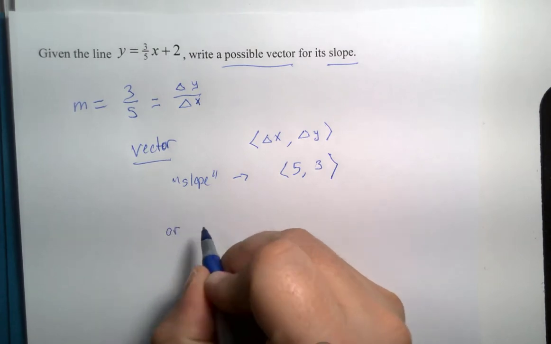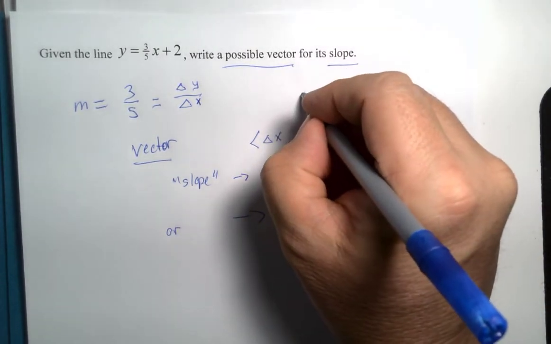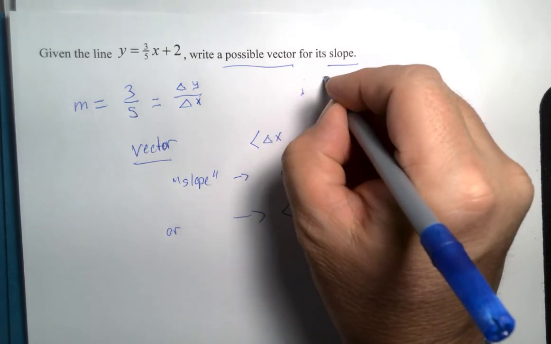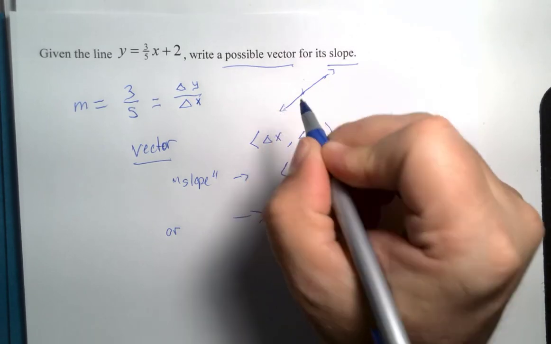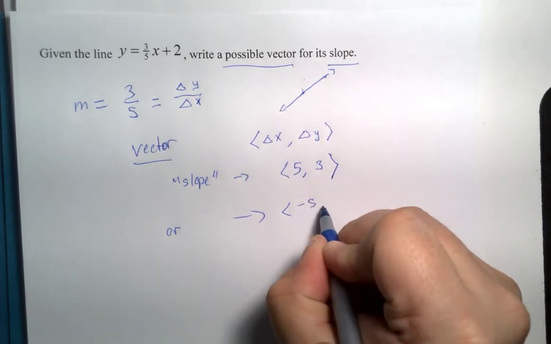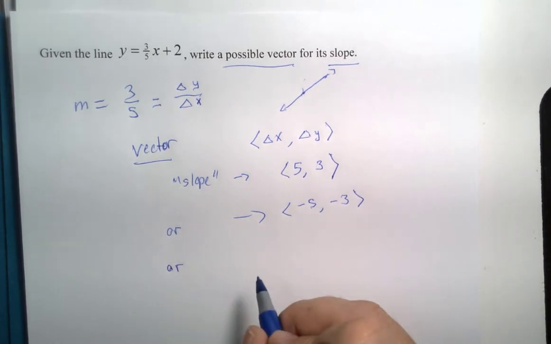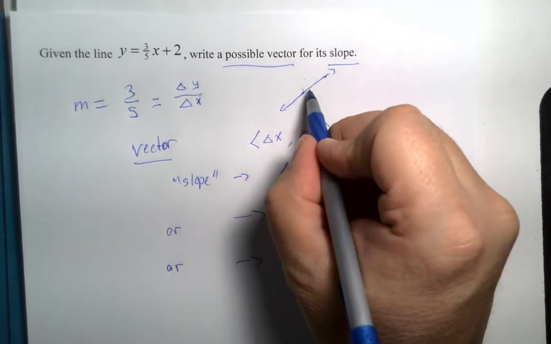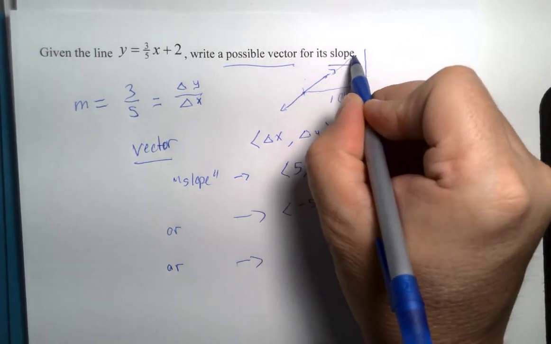Or I could, instead of going up 3 and over 5 and going that direction, I could reverse the minus signs and have it going left 5 and down 3. Or I could say, well, what if I went right 10 units and up 6 units?